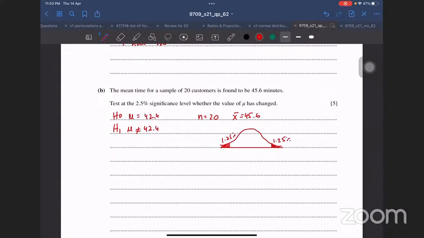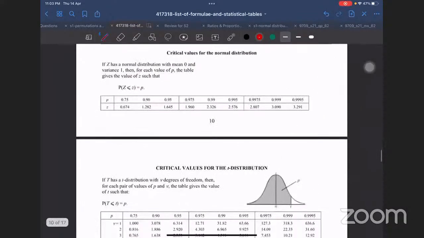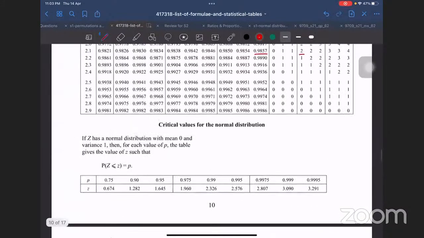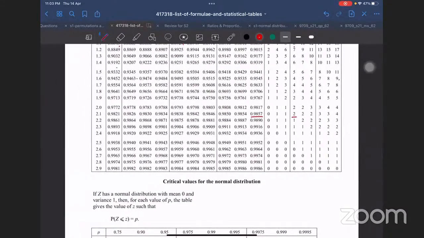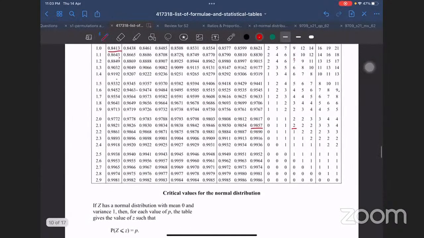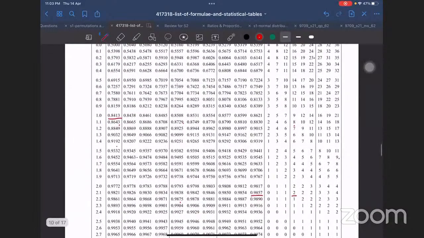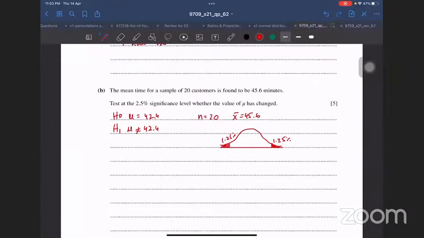From the table, I'm going to read a probability of 0.9875. I don't think that's there at the bottom. So 0.9875, that's 2.24. So my critical region is 2.24 and minus 2.24. So I'm going to use my test statistic and calculate its z value.